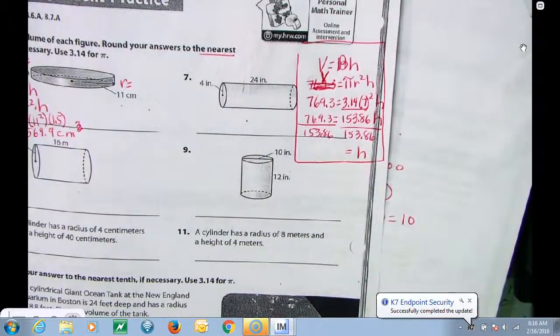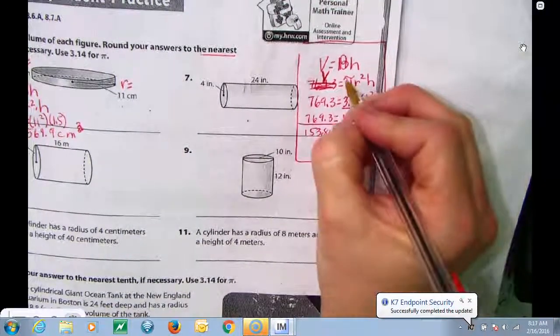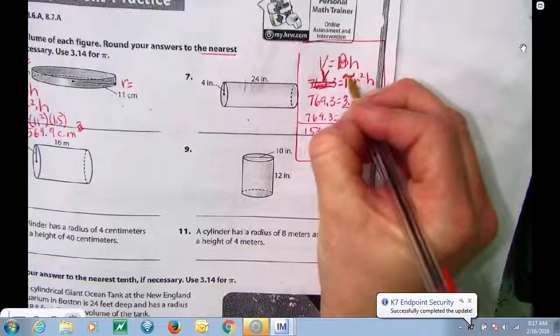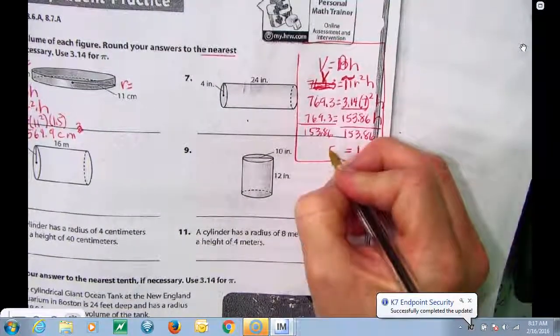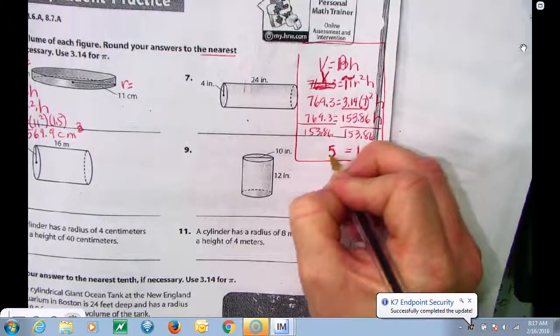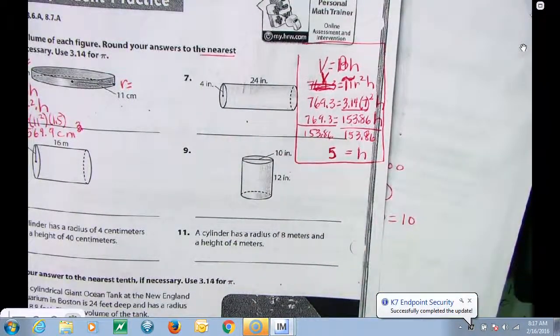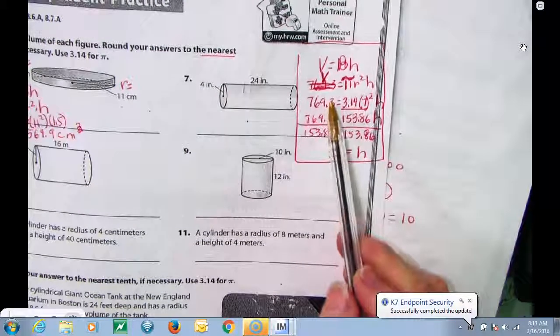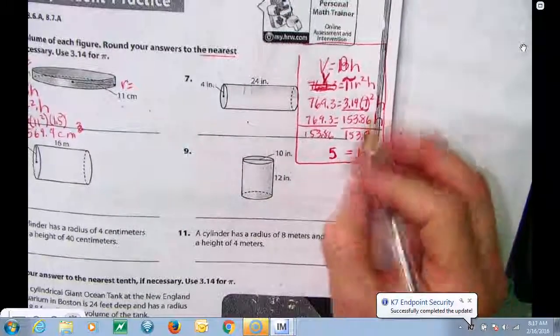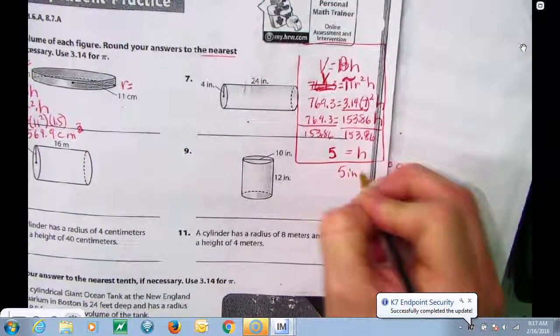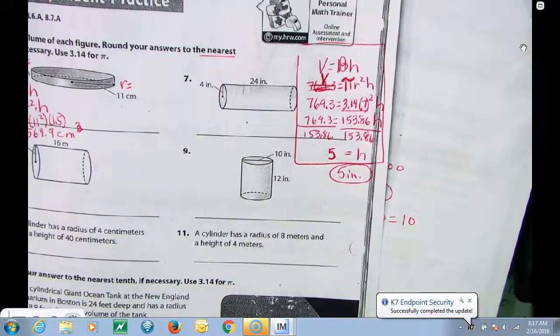So what's the height? And if it was inches, if I told you that was how many cubic inches, then this would be inches. Just inches. The height would be 5 inches. Everybody understand how we got that?